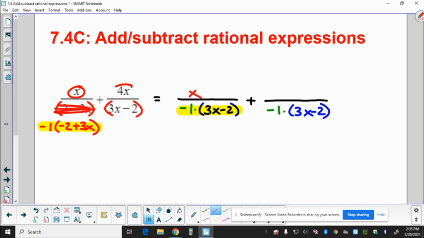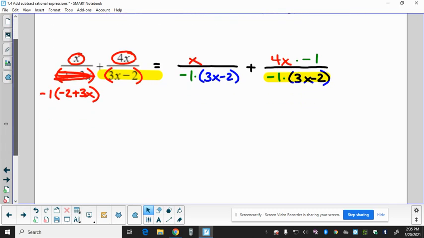Now for the second fraction, I know I've got a 4x, but let's see if I'm going to need to change that. So let's look at the second denominator versus its new counterpart. And I notice there's a difference of a -1. So I think I am ready to get the final answer for this.